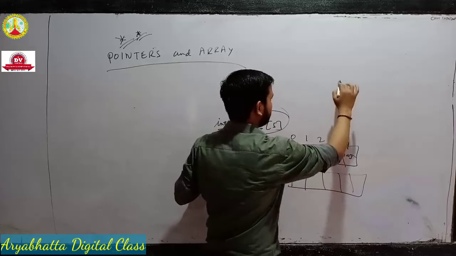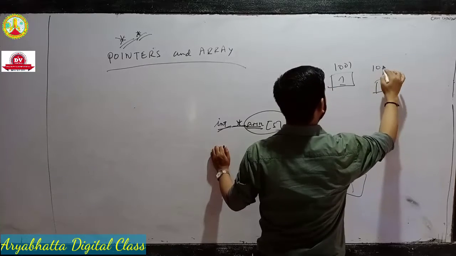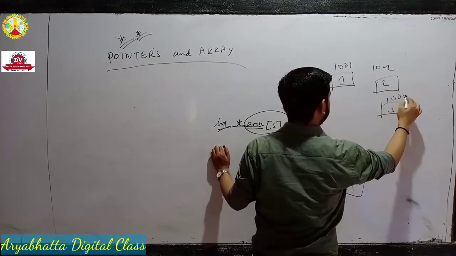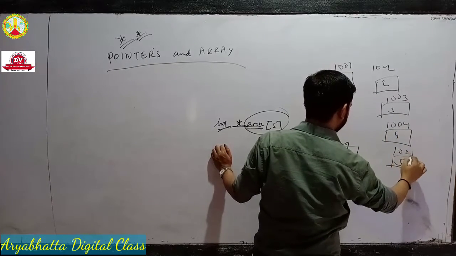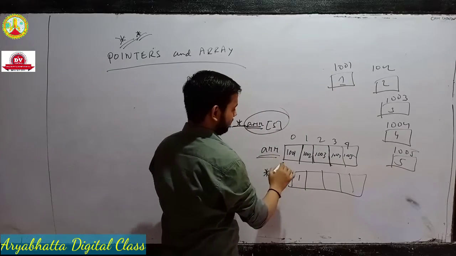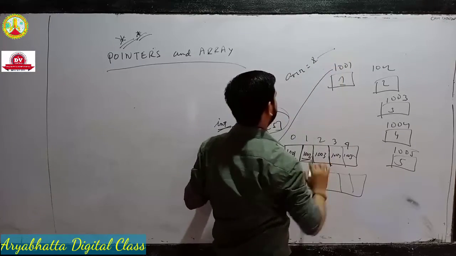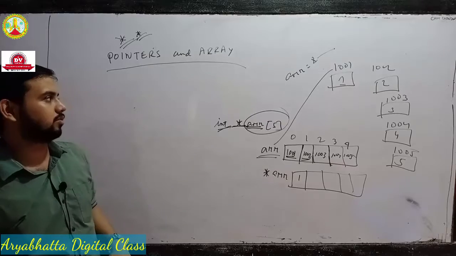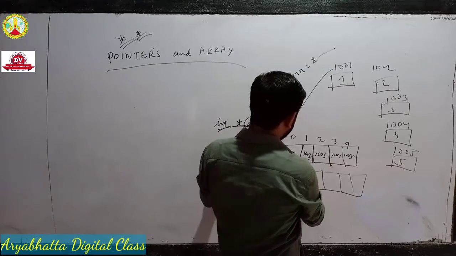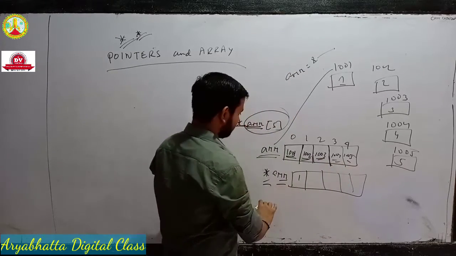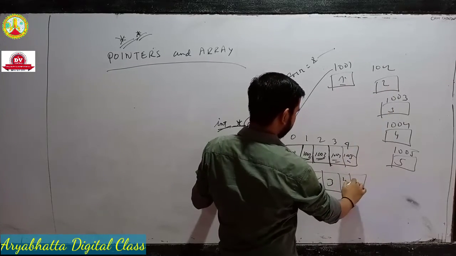Suppose the first variable's memory address is 1001, the second is 1002, the third is 1003, the fourth is 1004, the fifth is 1005. So arr stores this memory address, because ampersand returns the memory address, right? arr stores the memory address, and star arr gives the value stored at this memory address.